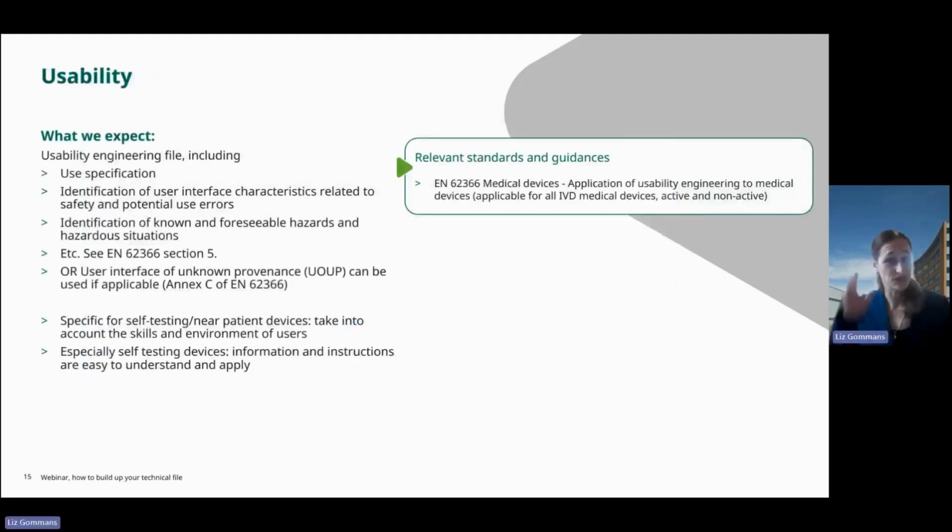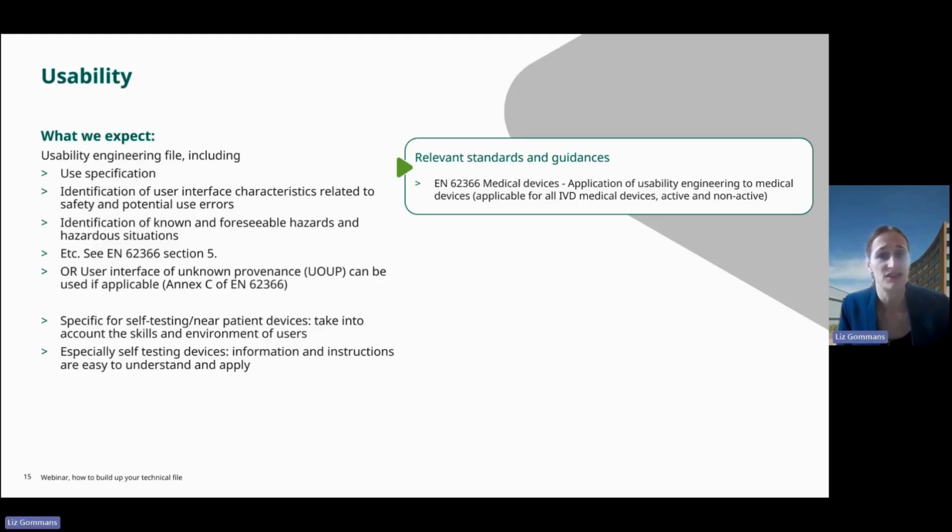Then we continue to usability. So what do we expect here? We have a very nice ISO standard for usability, so that helps. We expect the usability engineering file, including use specifications, identification of the user interface characteristics, identification of known and foreseeable hazards.